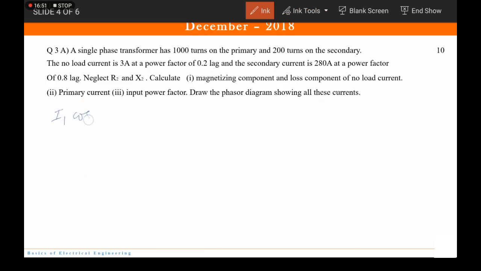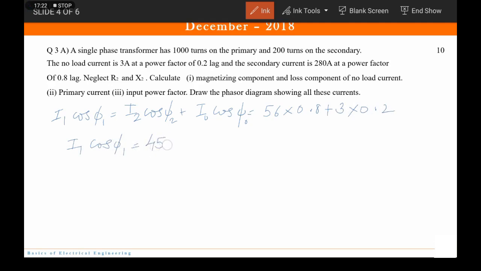Now I am finding the horizontal component. The horizontal component will be I1 cos phi 1. We have to add the horizontal components of both currents, so that is 56 into 0.8 plus 3 into 0.2. So I1 cos phi 1 comes out to be 45.4 amperes.